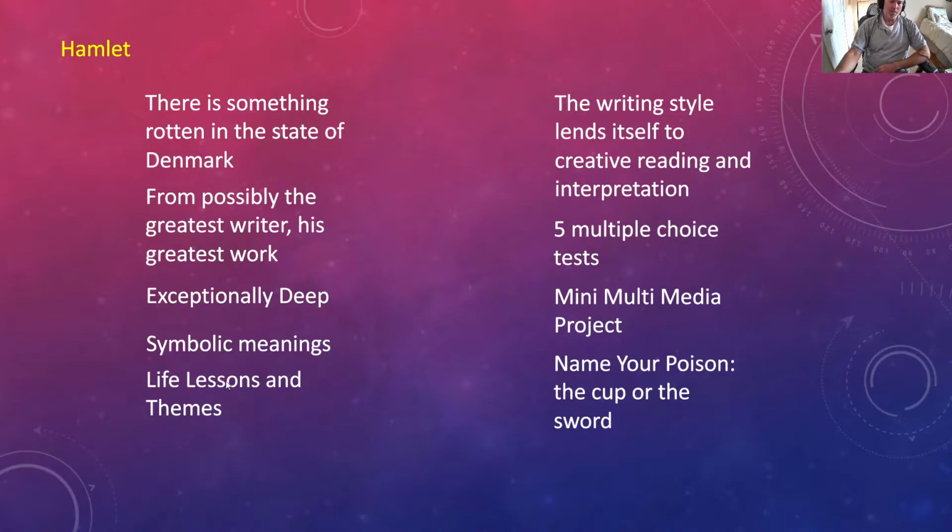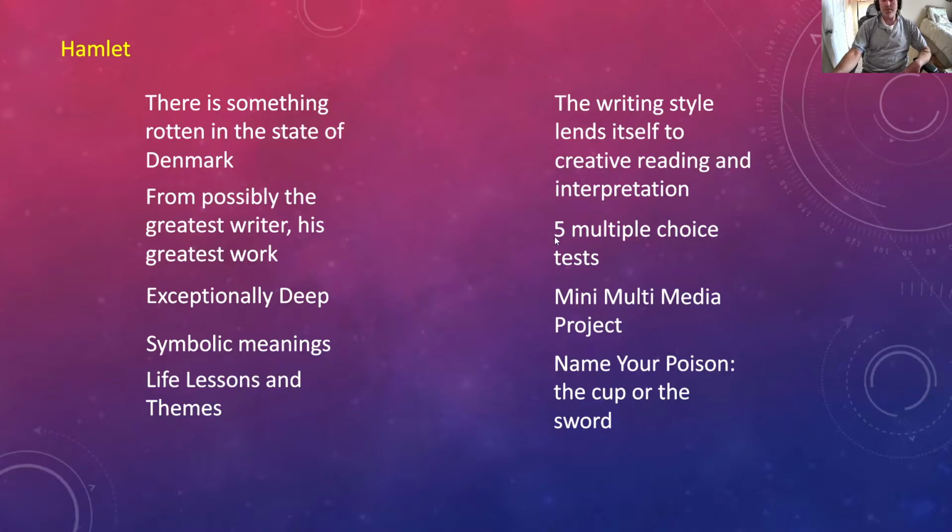The symbolic meanings and life lessons and themes are just everywhere, and you can go on and on about all the things that you can prove and show with all the great quotes. The writing style lends itself to creative reading, because you have to try to figure out what it means anyway, and it opens up your mind to the possibility of interpreting things many different ways.